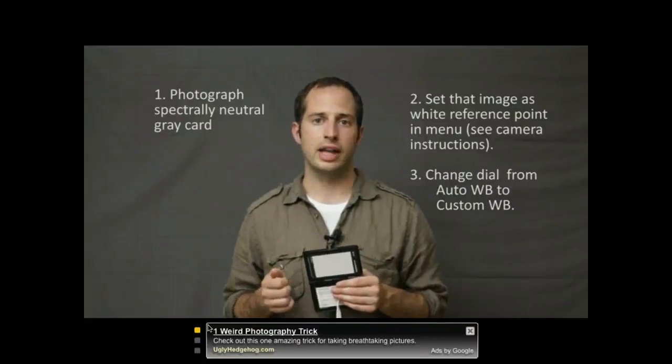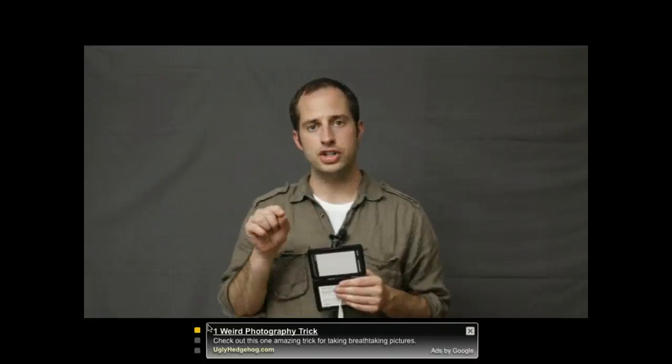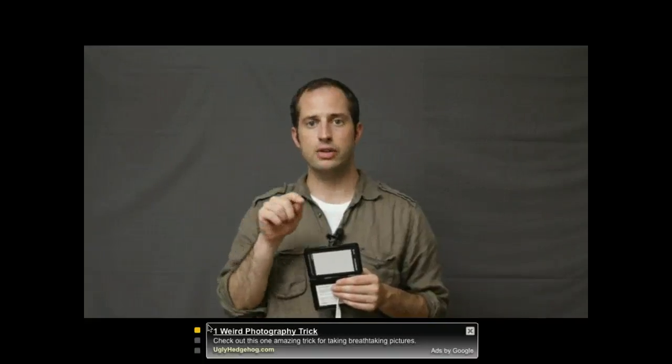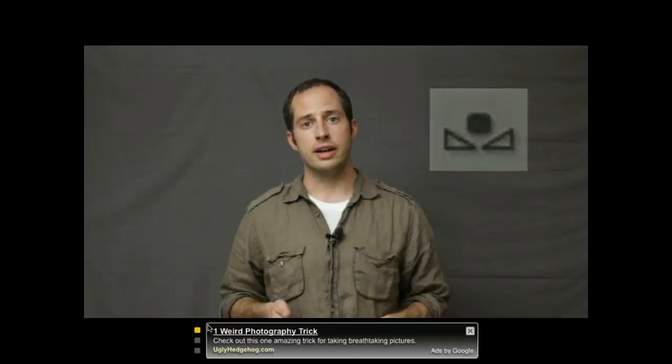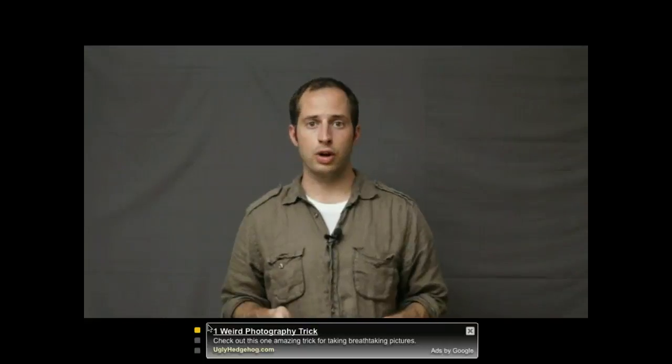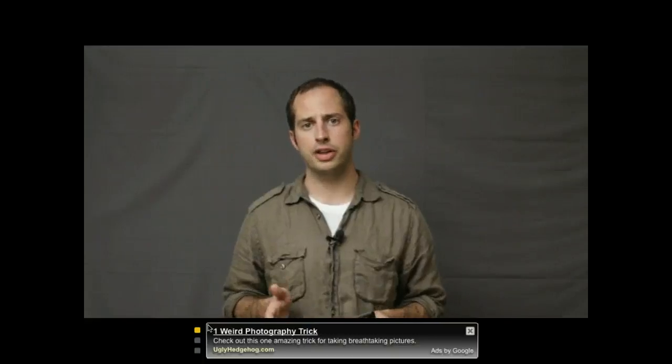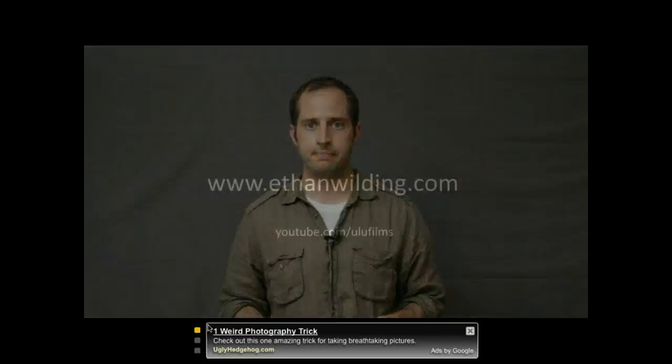The second step will likely be changing the white balance from automatic down to the custom setting, and the icon typically looks like this. I just want to reiterate, if you're serious about a good color workflow, it's crucial that you set the white balance manually and not rely upon the approximate white balance achieved by the automatic white balance setting in your camera. All right, till next time.